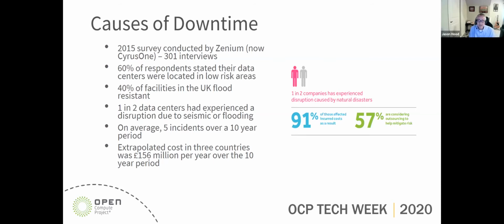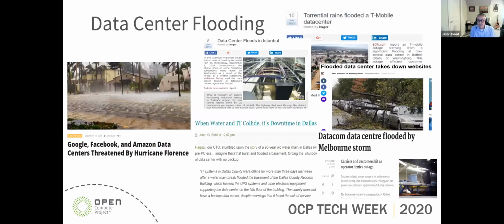However, 50% of the respondents had experienced a disruption or downtime event due to seismic or flooding issues. And it doesn't take much research to see there are a lot of examples out there where hurricanes, heavy rainfall events, flooding has caused issues and caused downtime in data centers. Again, this isn't something that happens every single day, but it does happen.